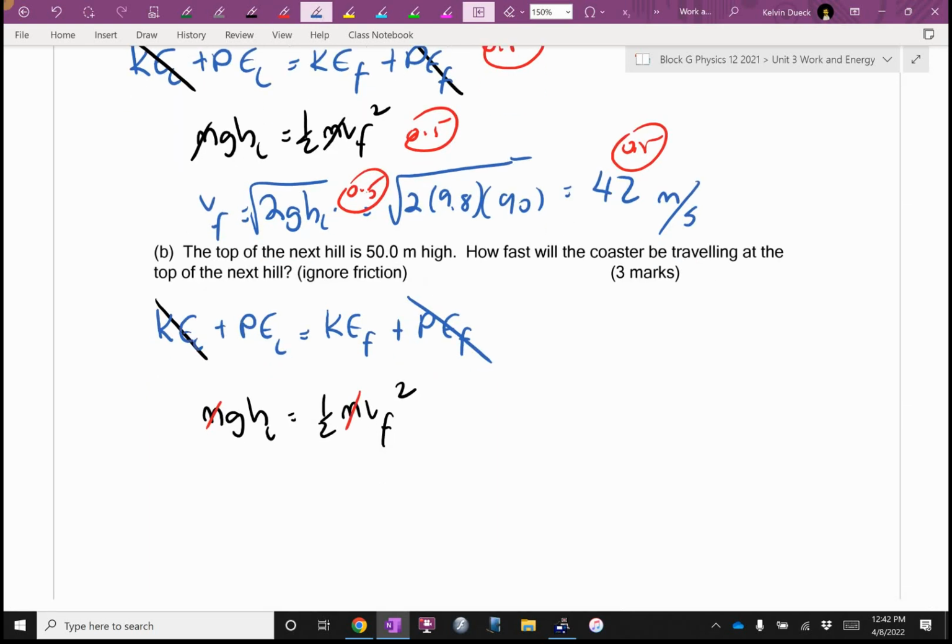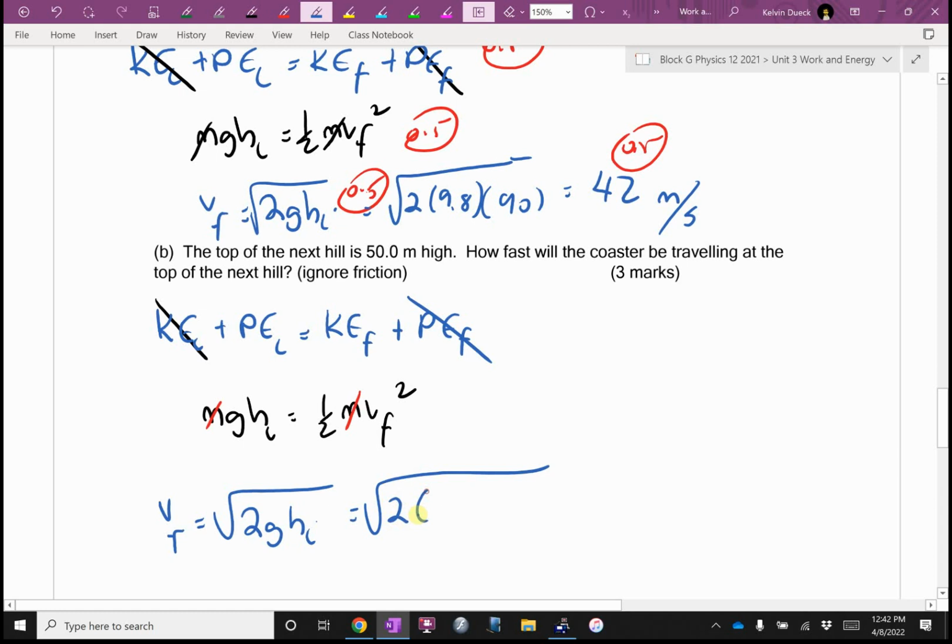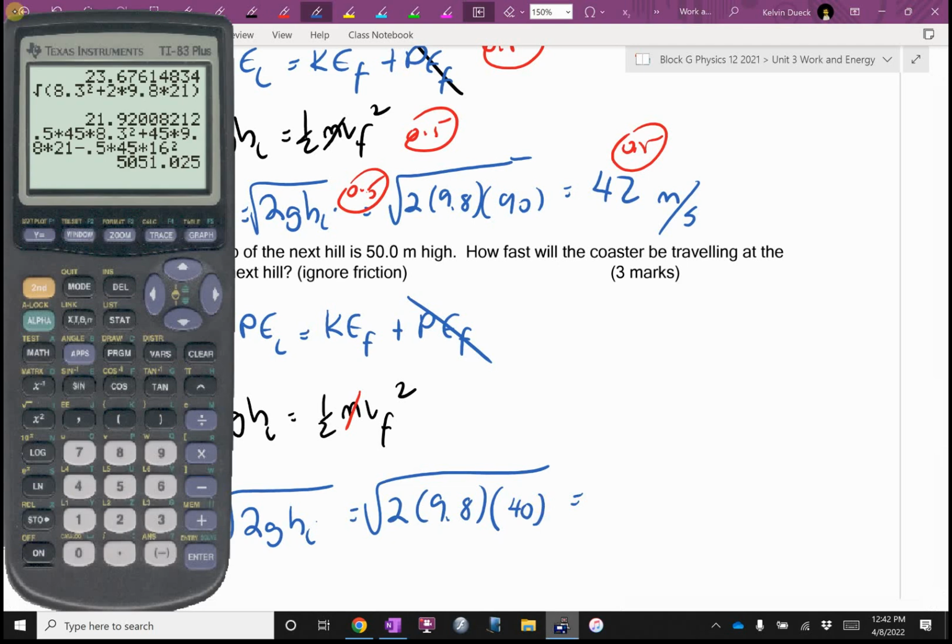I end up with v final equaling the square root of 2gh initial. It's going to be the square root of 2 times 9.8, but not times 90, times 40. 2 times 9.8 times 40. This, I think, also works out evenly.